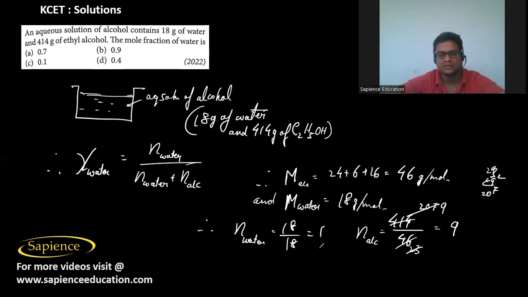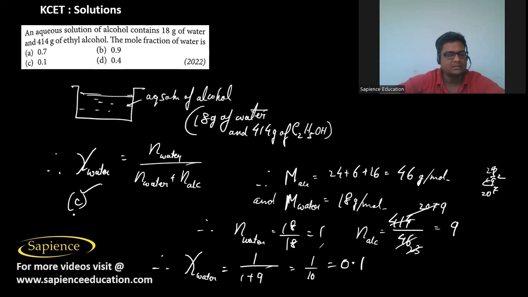Therefore, the mole fraction of water is 1 by 1 plus 9, that is 1 by 10, so 0.1. So option C is the correct answer.